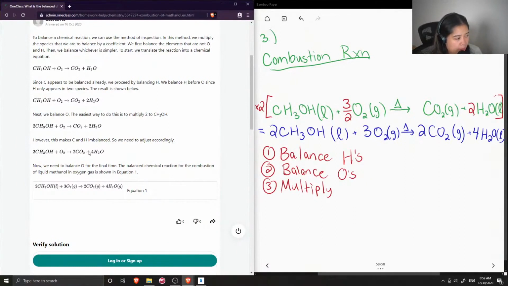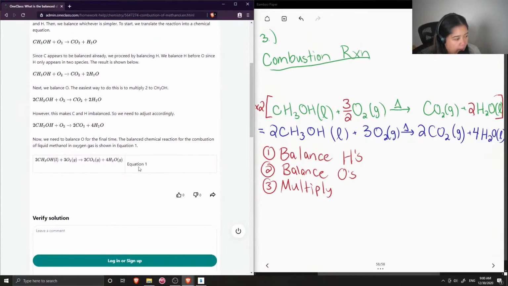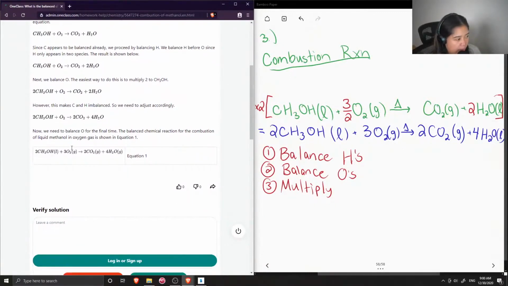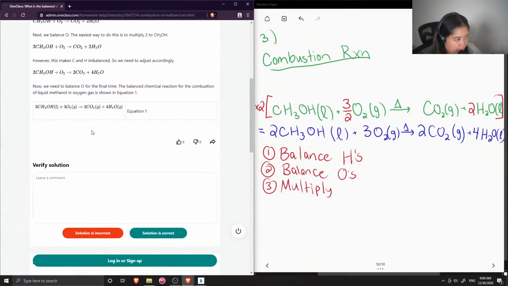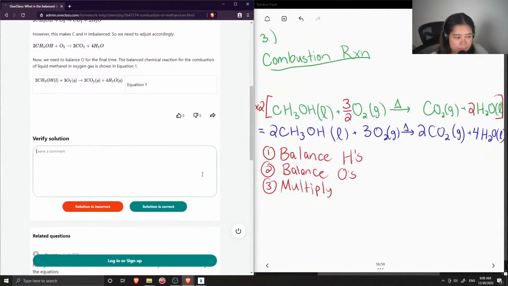So then they just switched their coefficient of 2 to a coefficient of 4, and then put a 2 in front of carbon dioxide. Now we need to balance oxygen for the final time. The balanced chemical equation for the combustion of liquid methanol and oxygen is shown in equation 1. Yep, so they ended up with the same balanced equation.